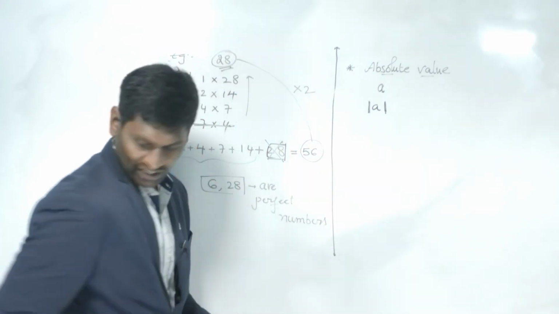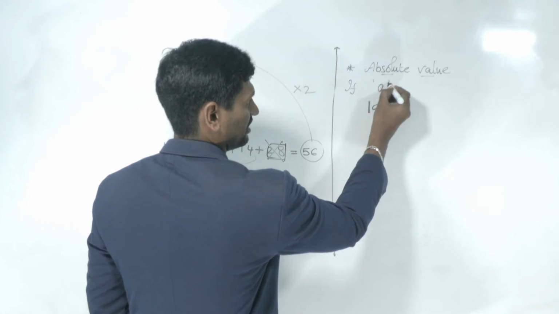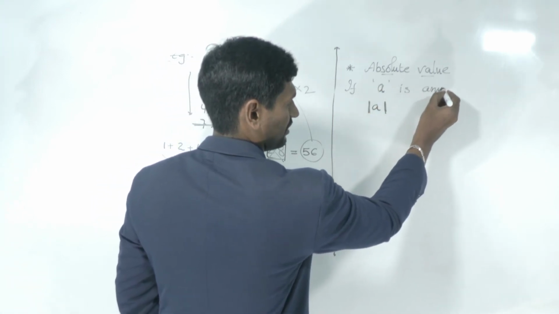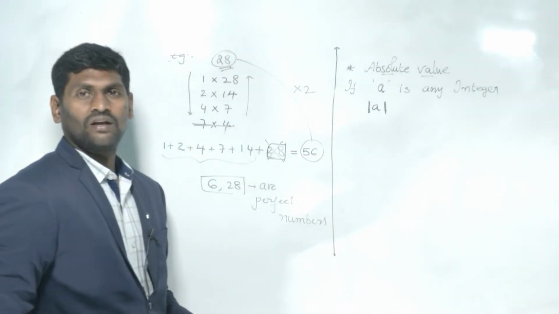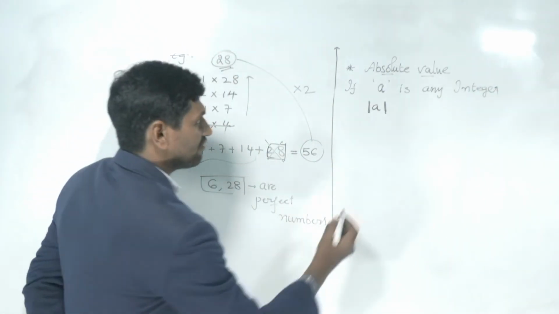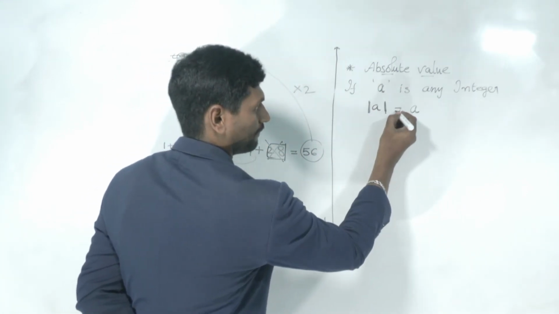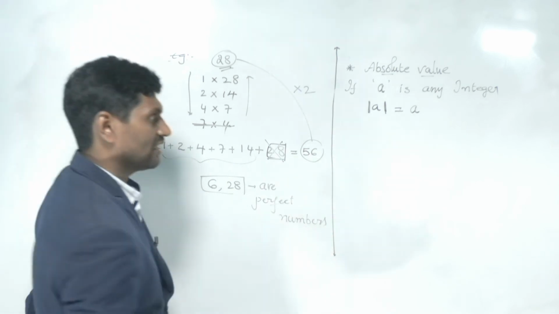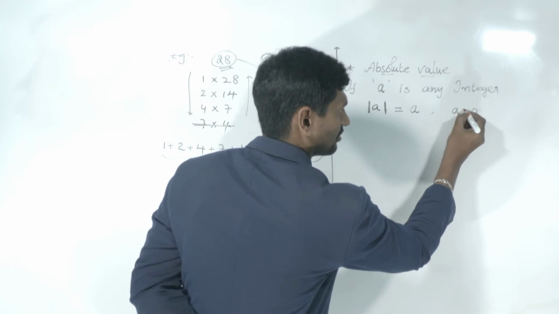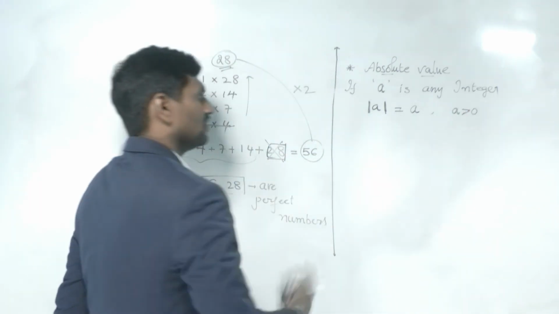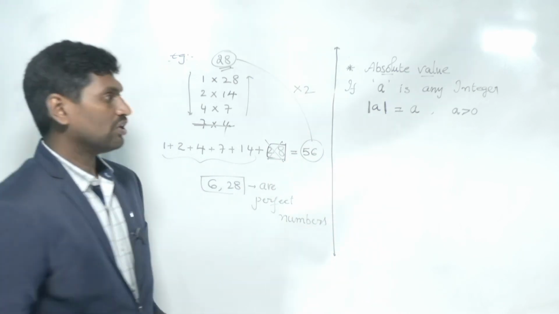If a is any integer, the modulus of a is a, where the condition is a is greater than 0. That means it follows three conditions.